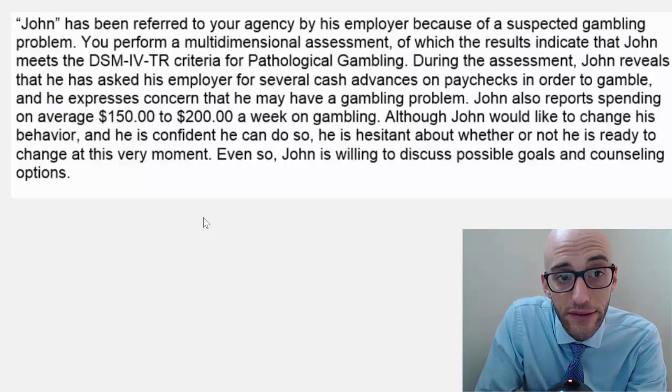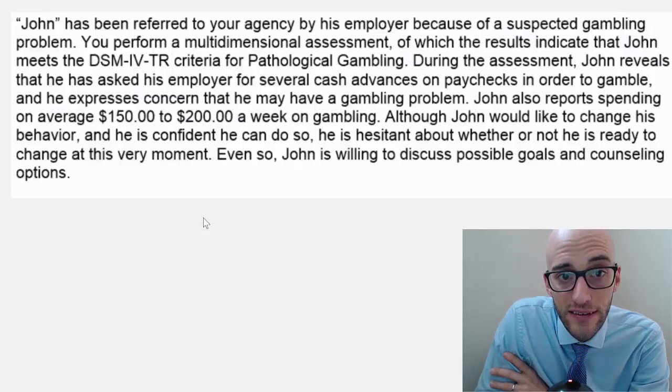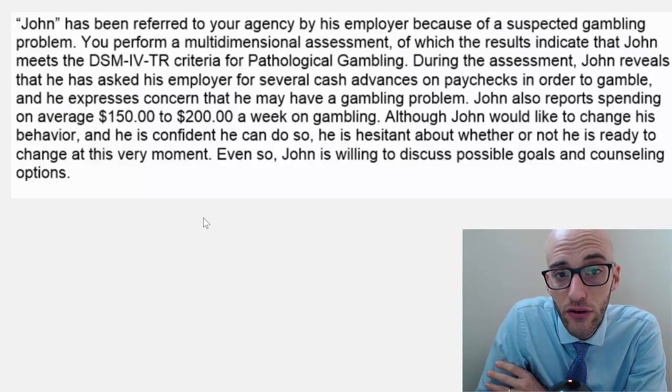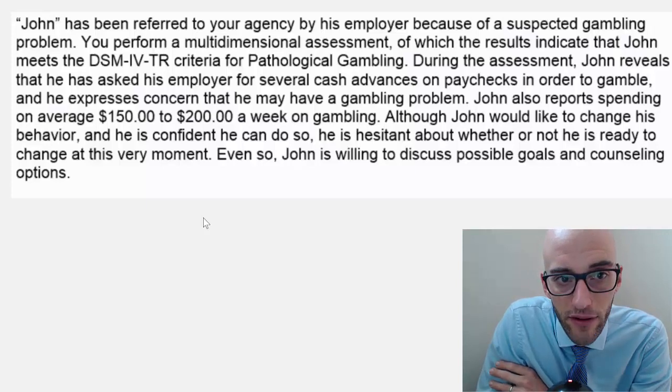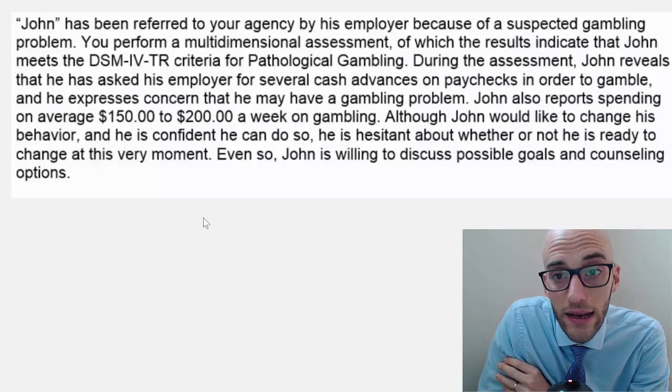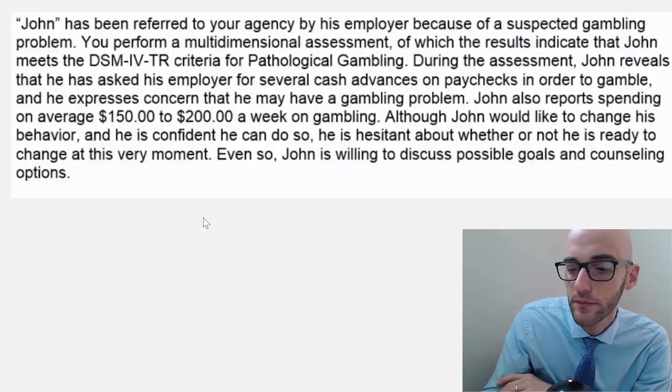During the assessment, John reveals that he has asked his employer for several cash advances on paychecks in order to gamble, and he expresses concerns that he may be having gambling problems. John also reports spending an average of $150 to $200 a week on gambling, and although John would like to change his behavior and is confident he can do so, he is hesitant about whether he is ready to change at the moment. Even so, John is willing to discuss possible goals and counseling options.